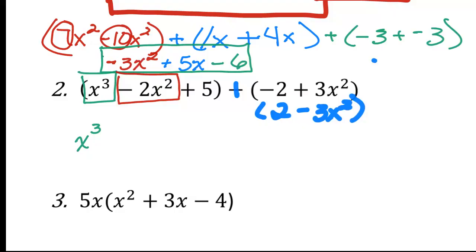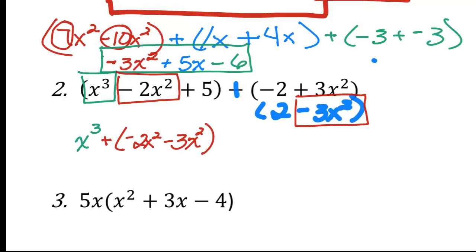And do I have an x squared? Yeah, over here. So that's the plus, always plus in between, but then look at the signs. Negative 2x squared minus 3x squared. All I'm doing is putting together those like terms. I'm not simplifying at all right now, okay?